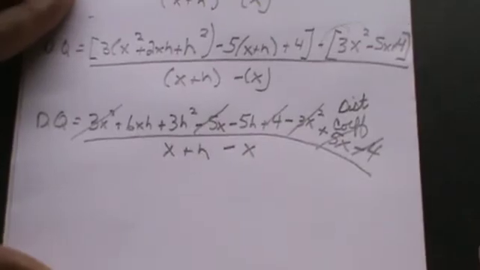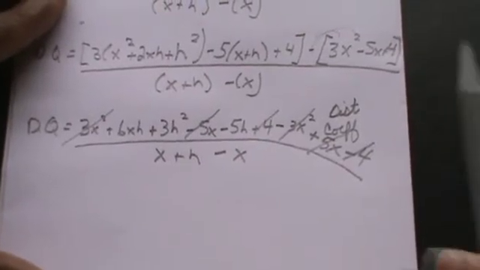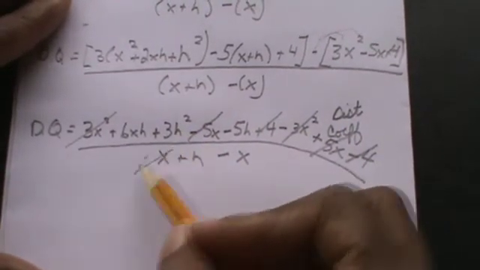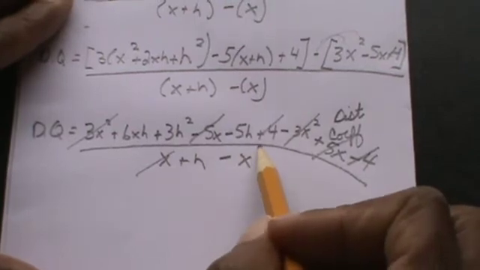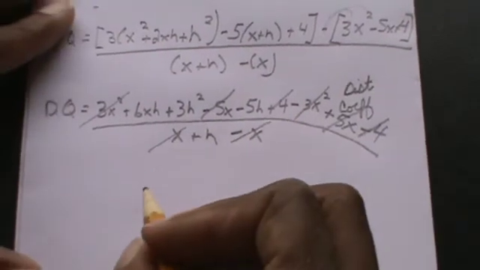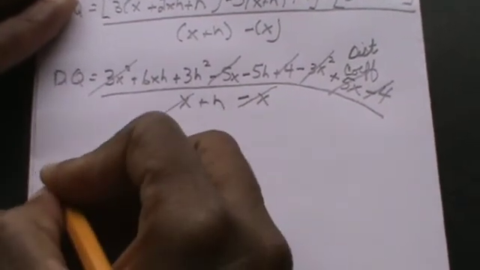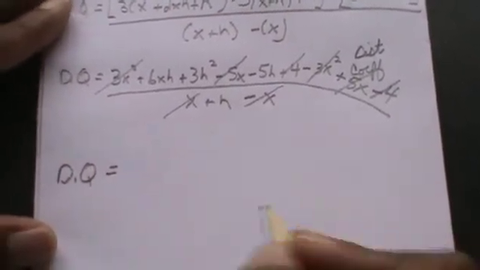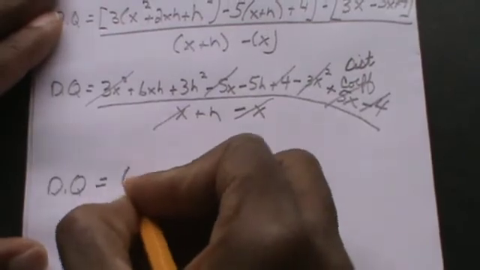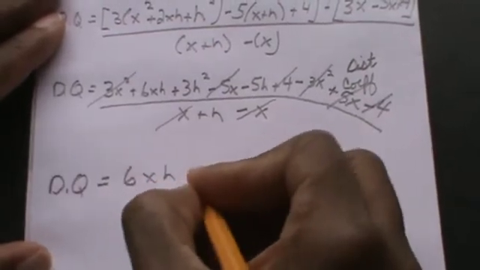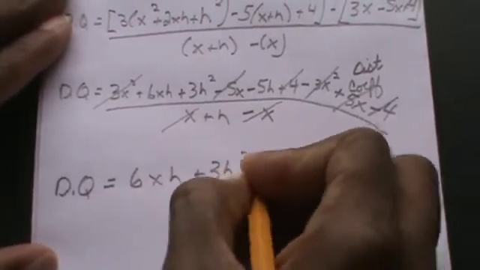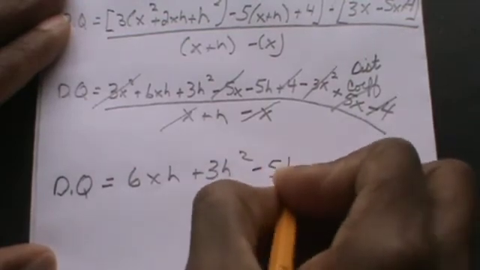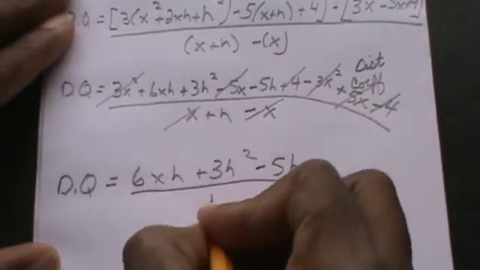I'll let you look back here. And in the denominator, you get an x that cancels with a negative x. So then your difference quotient equals, what's left over is 6xh plus 3h squared minus 5h divided by h.